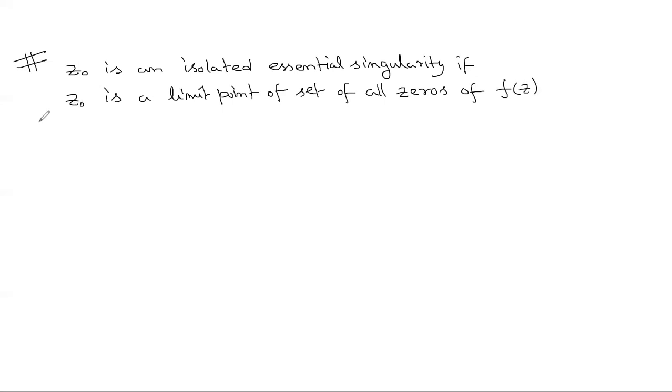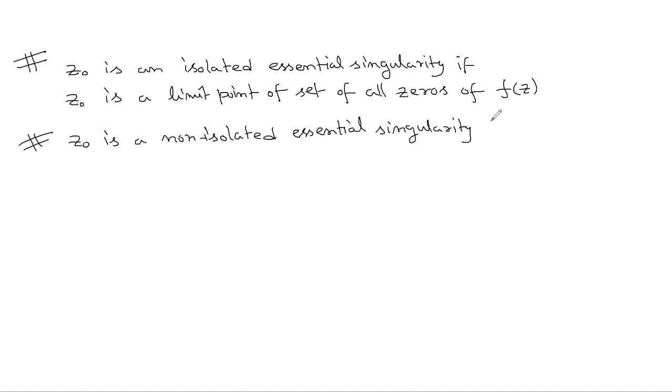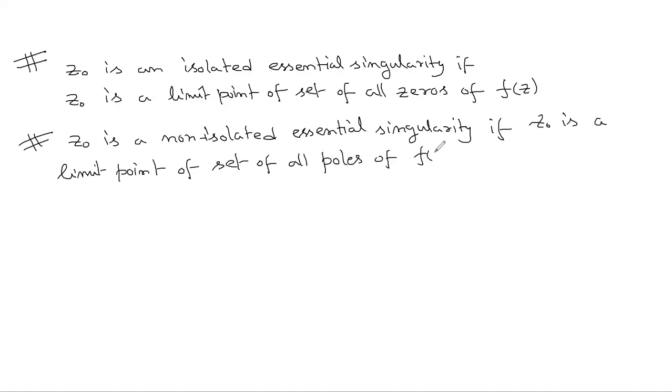Now this Z0 is a non-isolated essential singularity if Z0 is a limit point of the set of all poles of the function fz.